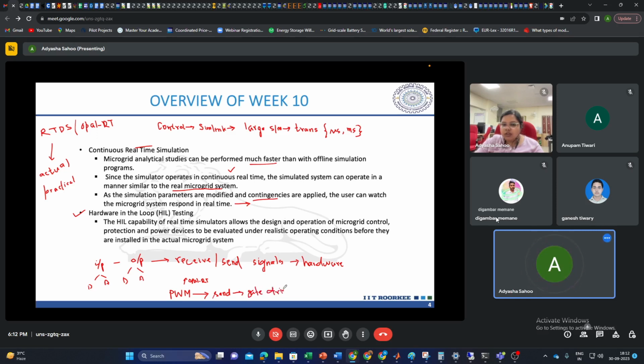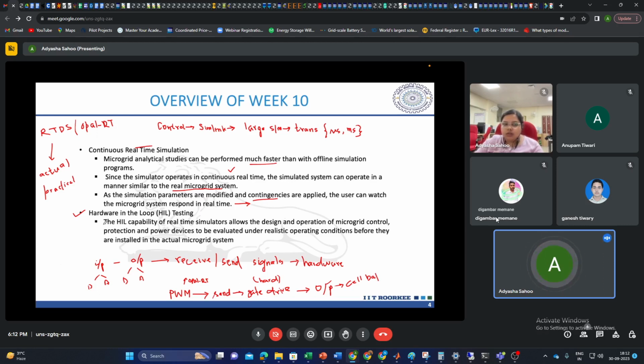So this is in actual hardware. Through this, we can send them to the gate drive circuit and it can operate the cell balancing for actual cells. So this interfacing between the software and hardware is also provided.